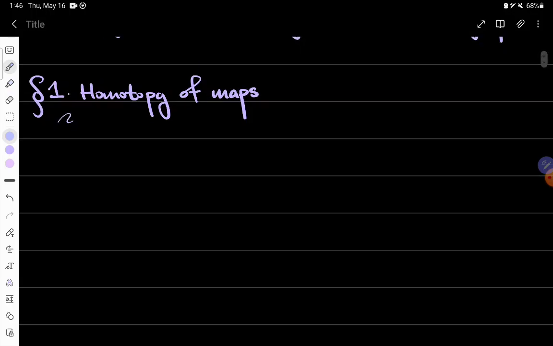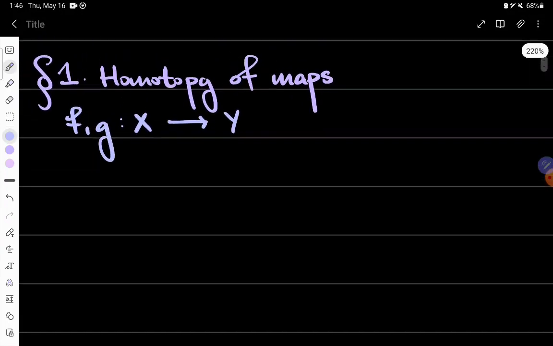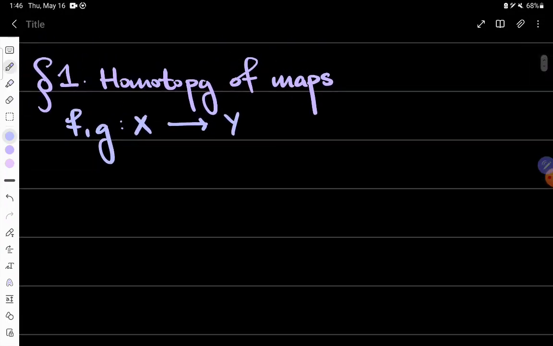So let f and g be two continuous maps between topological spaces X and Y. We want to formalize the notion that there is some continuous deformation of f into g, in which case we call these maps homotopic.